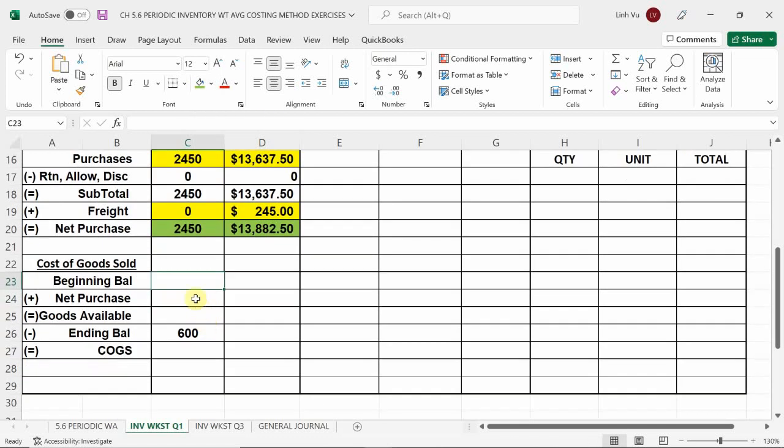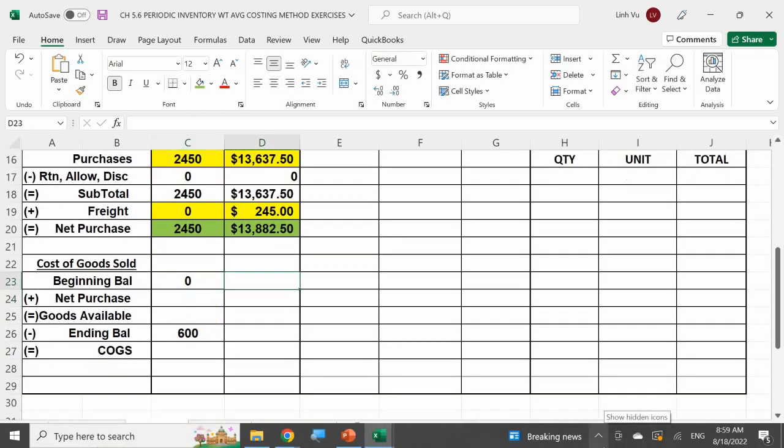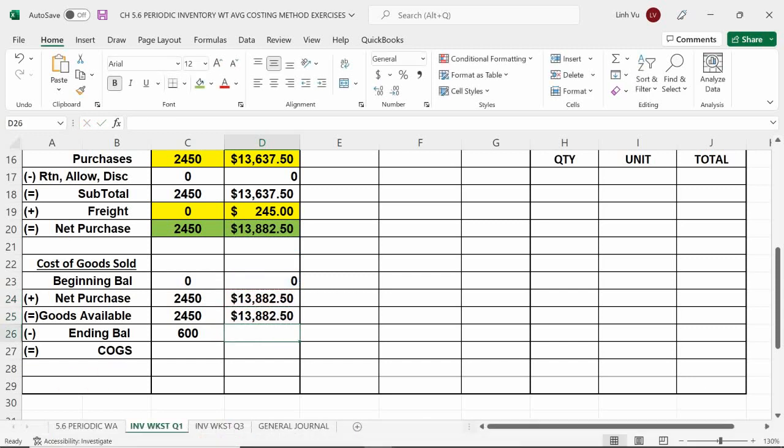Okay. We have no beginning inventory, so we carry down our net purchases, and of course if you add 0 to your net purchases it becomes your goods available. Okay.